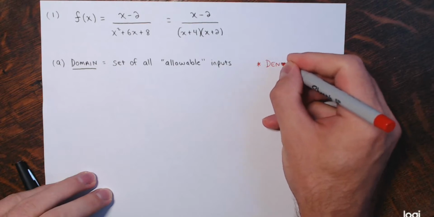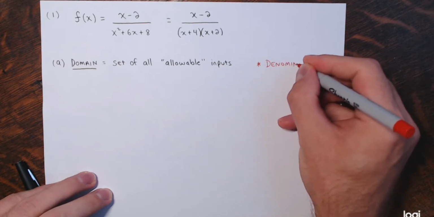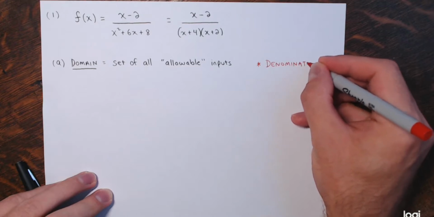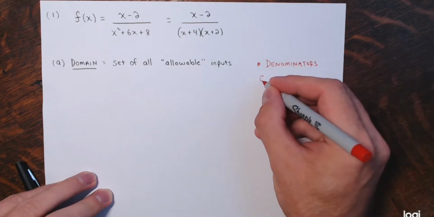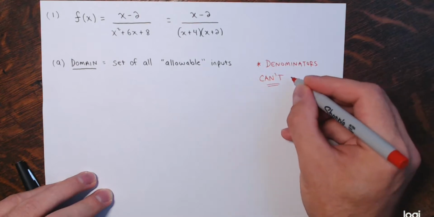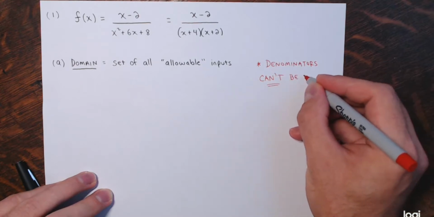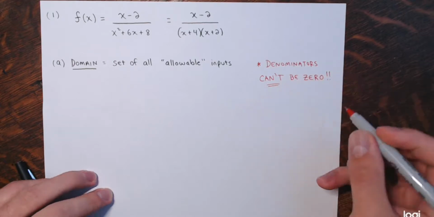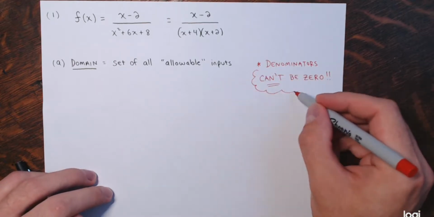One more little note here before I actually get into writing the domain. Recall that denominators cannot be 0, because if you have a denominator of 0, that means you're dividing by 0.